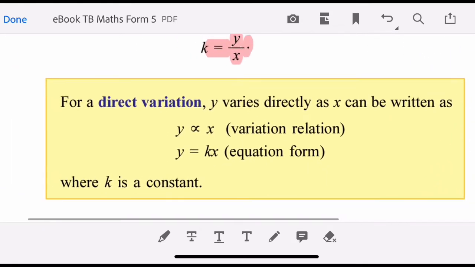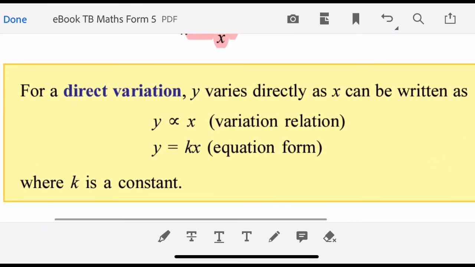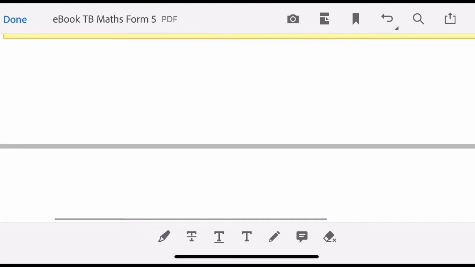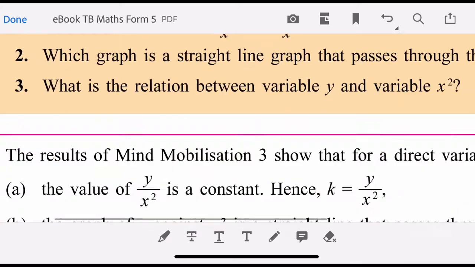So for a direct variation, y varies directly as x can be written as y, the symbol looks like a ribbon, y ribbon x. So you can convert it into the equation y equals kx, where k is a constant.